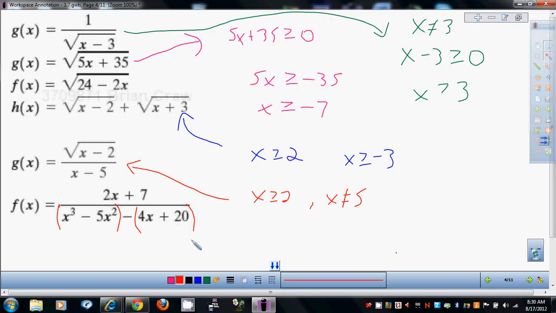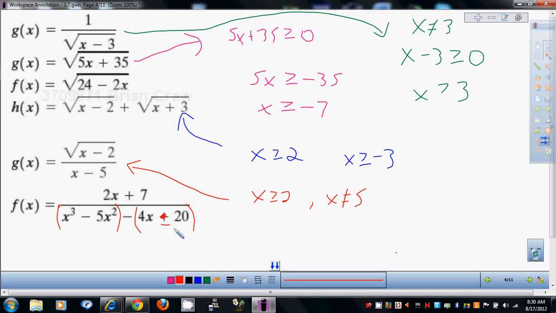You have to change this sign. Because originally, that minus sign had nothing to do with the 20. But by factoring it like this, now it would technically distribute. So if you were to take these parentheses away, it would be minus 4x plus 20, which is what it originally was. So anytime that middle sign's a minus, don't forget to change the last one.